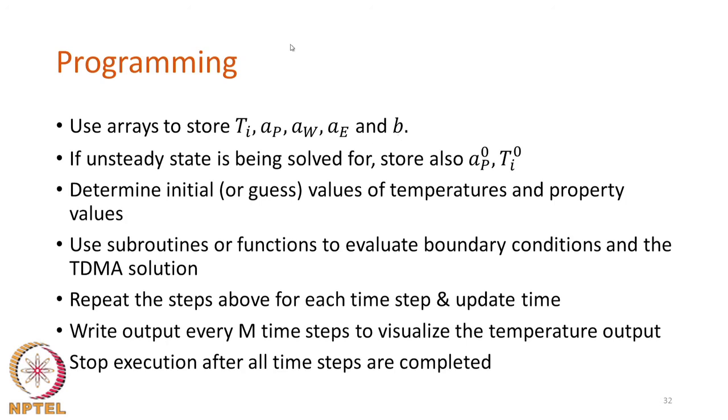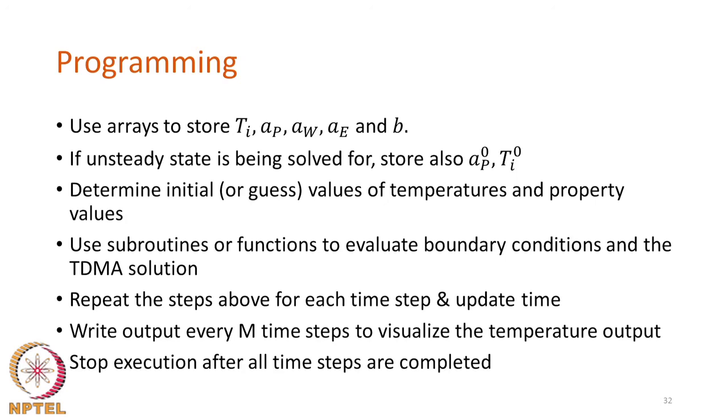So, essentially you must have a program in which you have multiple arrays to store these variables, and in case you are going to use an unsteady state solution, then you would also need arrays to store the previous time step values, and you would normally use the subscript 0 to indicate them, which means that you would have more arrays that will be required if you are going to go for an unsteady state conduction problem.